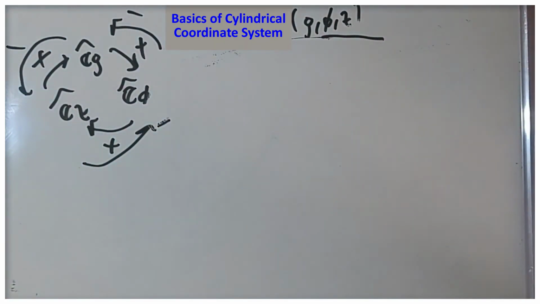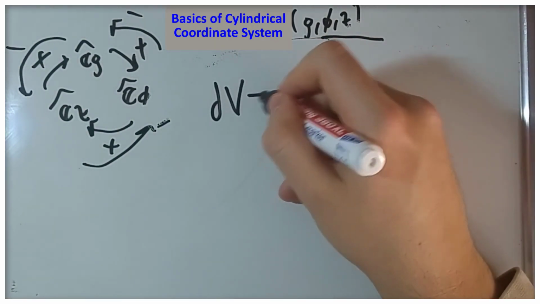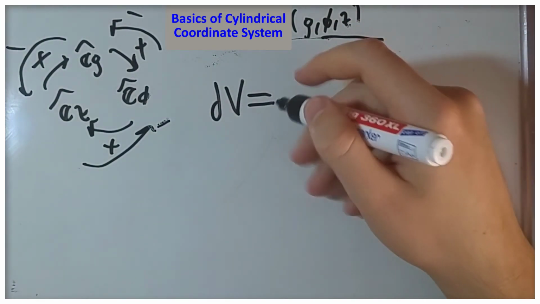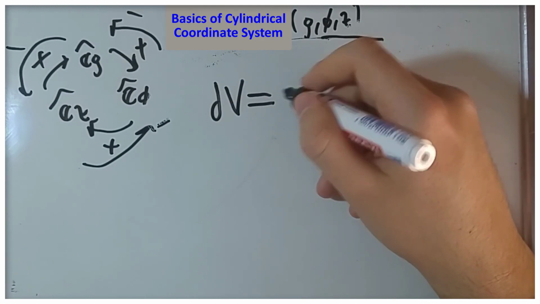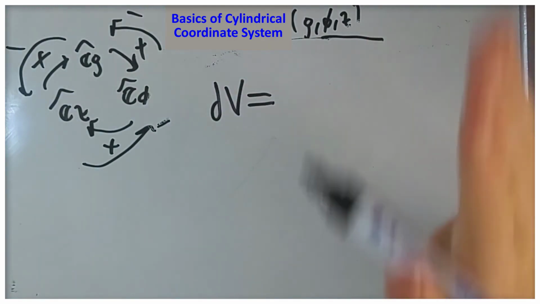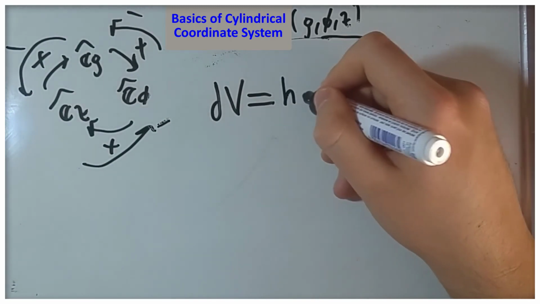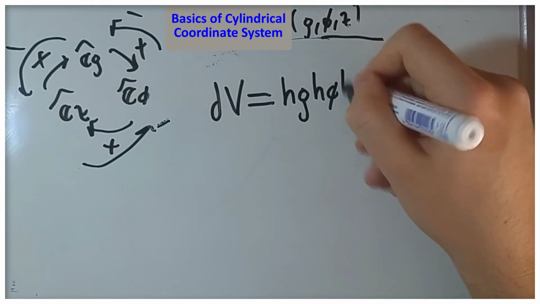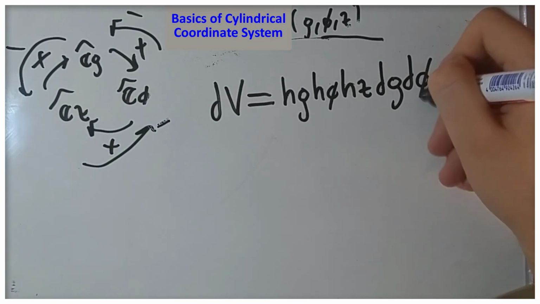Finally, let's write the volumetric element. For volumetric, I write the product of the three direction vectors for dv. For this reason, I do not find any direction vector, a vectorial result, for dv, but I have to write all the metrics h rho, h phi, and hz times d rho, d phi, and dz.